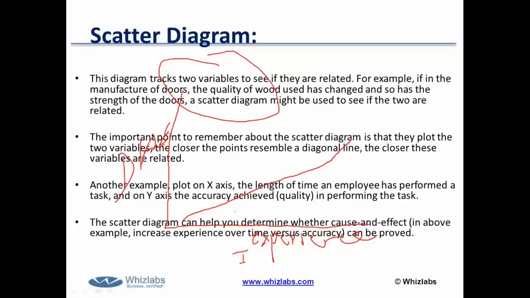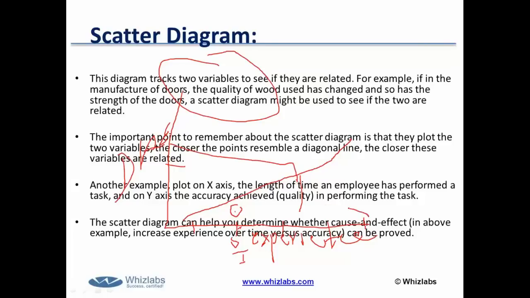If you have a 5-year person, is the experience having an impact on the accuracy of a deliverable? If you add more experienced people, is the accuracy of deliverables getting improved or not?